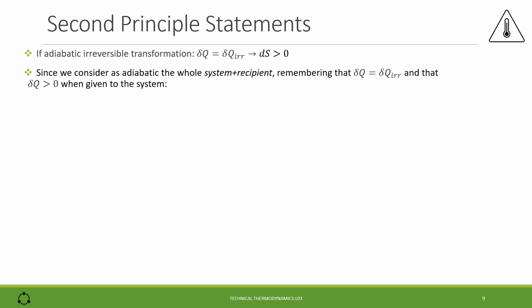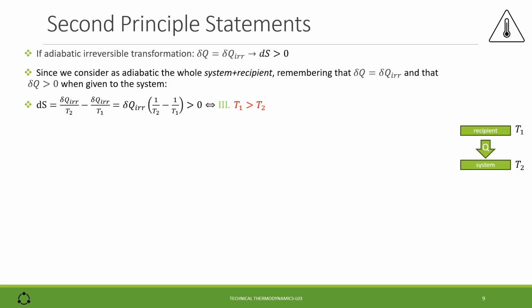If we consider as adiabatic the whole made by system plus recipient, and remembering that the transformation is irreversible and the heat is positive when given to the system, we can consider this simple example.